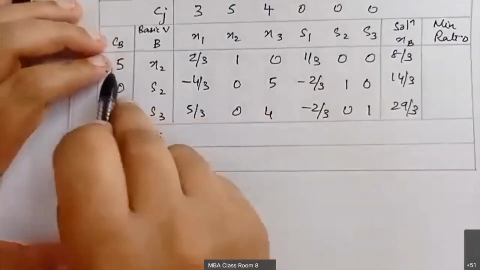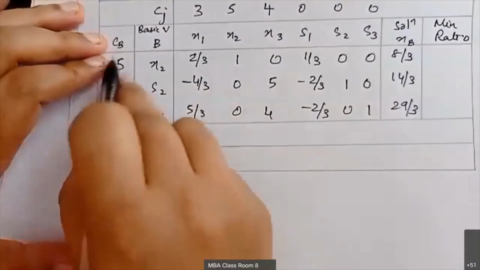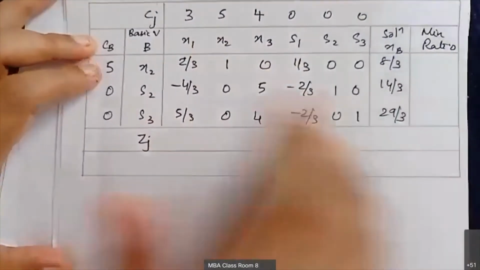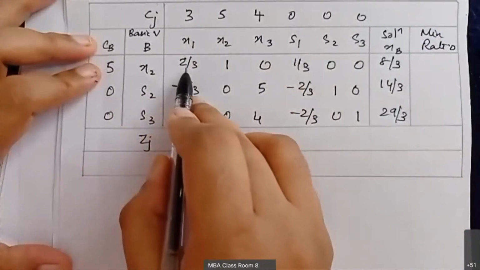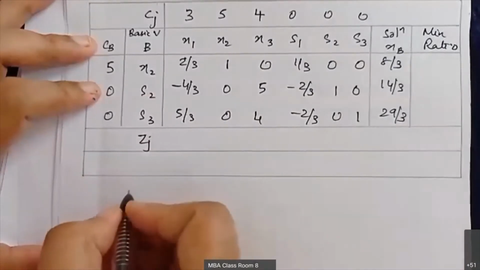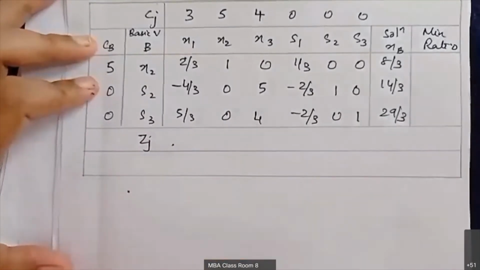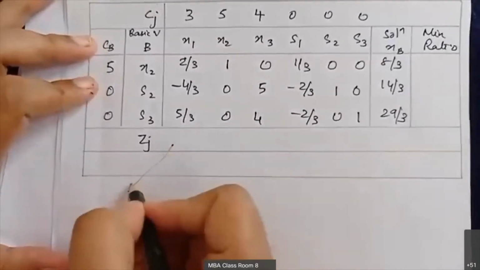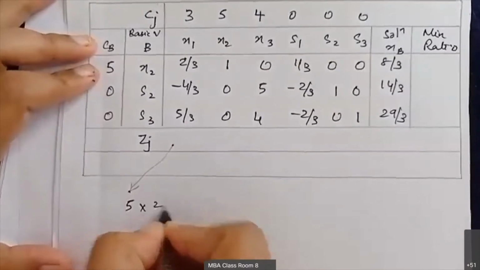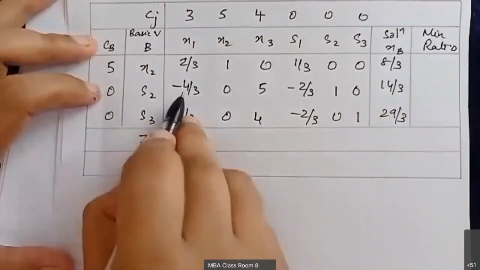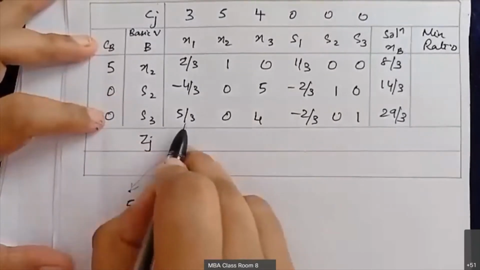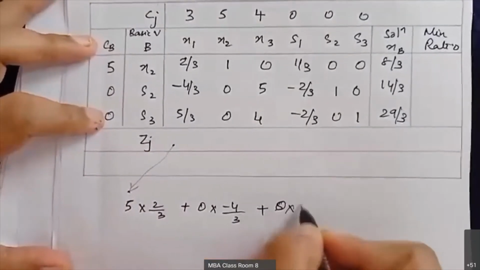ZJ, how do we do? We have to multiply this column with each of these columns and then add those values. Quickly tell me: 5 into 2 by 3 plus 0 into minus 4 by 3 plus 0 into 5 by 3.